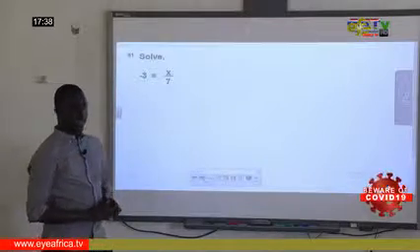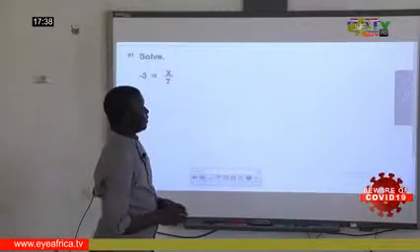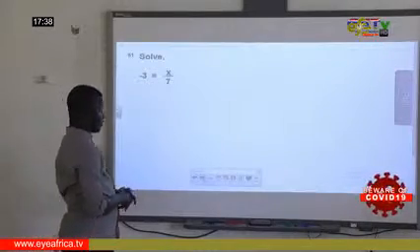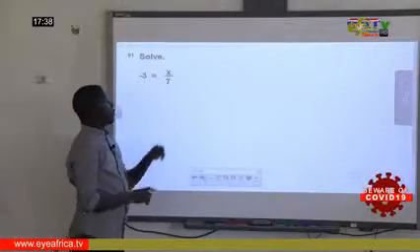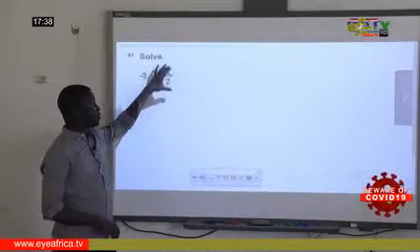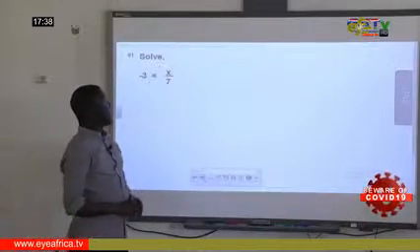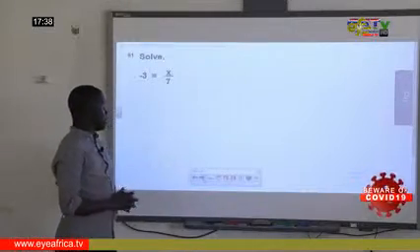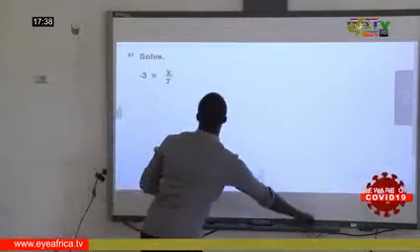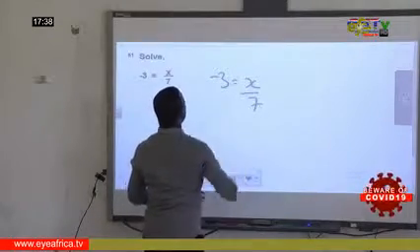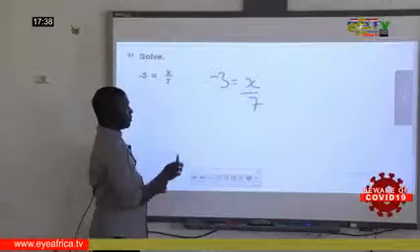Negative 3 equals x over 7. The operation here, x over 7, means x divided by 7, so it's a division. And the inverse of division is multiplication. So we would be multiplying here to isolate our variable.